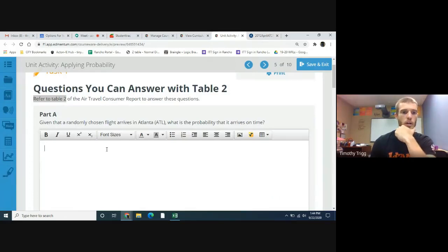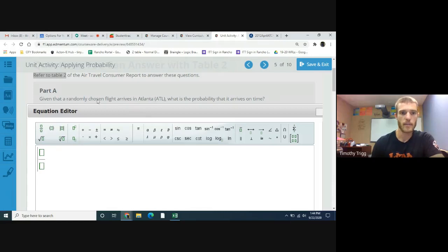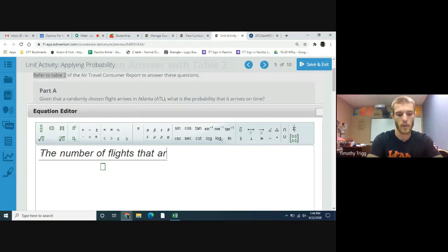Given that a randomly chosen flight arrives in Atlanta, what is the probability that it arrives on time? Basically, here's what we're going to do. We want a probability, which generally is a ratio. It says, given the randomly chosen flight arrives in Atlanta, what is the probability it arrives on time? So on the numerator, we're going to put the number of flights that arrive in Atlanta on time.